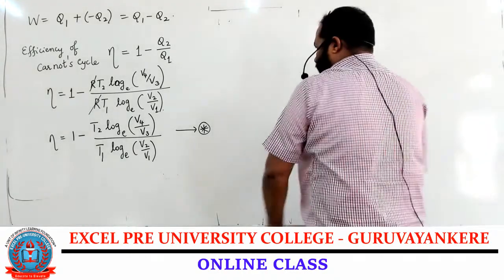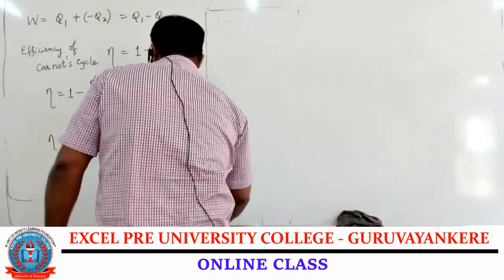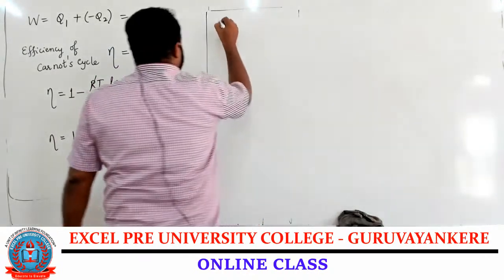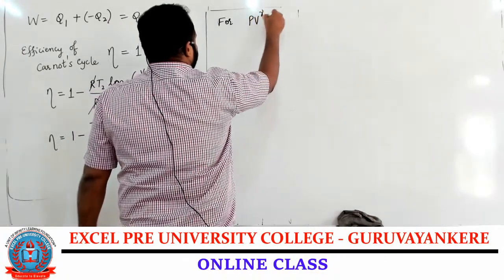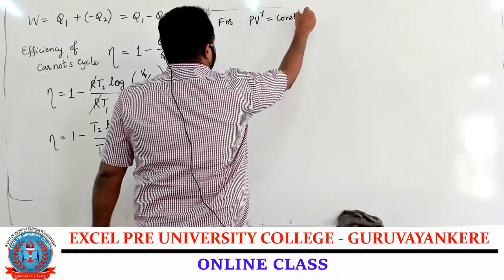Now, the adiabatic changes occur. For an adiabatic process, the basic equation is PV to the power gamma is a constant.